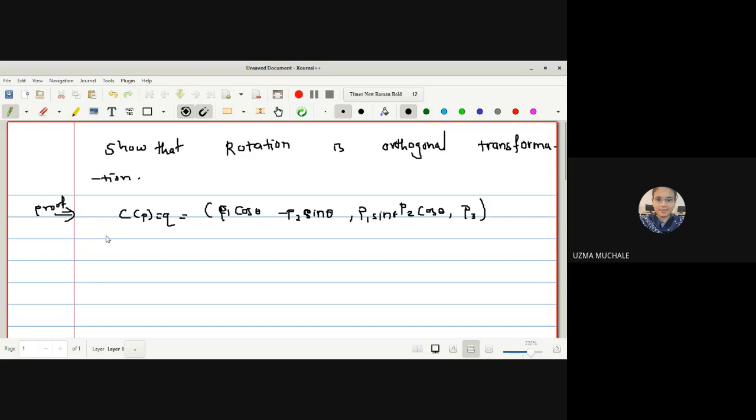Let us assume that P dash is another point, with Cp dash equal to some Q dash, which we can write as P1 dash cos theta minus P2 dash sin theta, P1 dash sin theta plus P2 dash cos theta, and P3 dash.